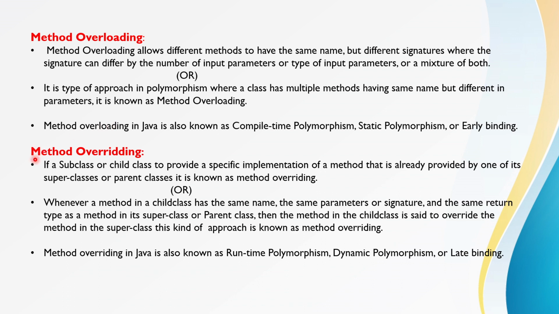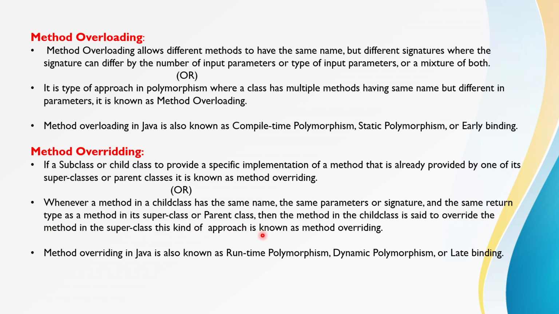Okay, method overriding. It is when a subclass or child class provides a specific implementation of a method that is already provided by one of its superclasses or parent classes. Whenever a method in the child class has the same name, the same parameters or signature, and the same return type as a method in its superclass or parent class, then the method in the child class is said to override the method in the superclass.